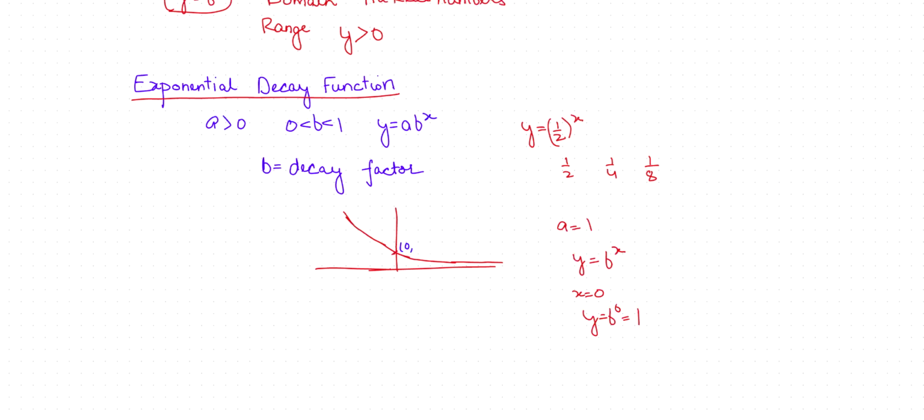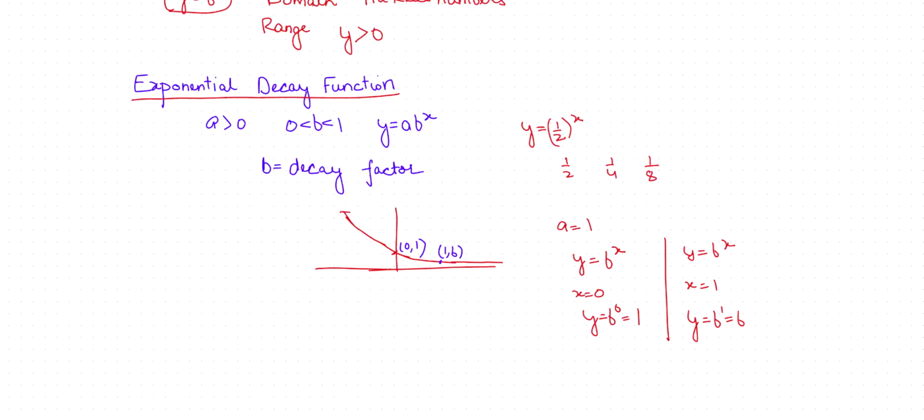At the same time, if we put x is equal to 1, y becomes b raised to power 1, which is b. So these values are still the same, but this function will decrease.